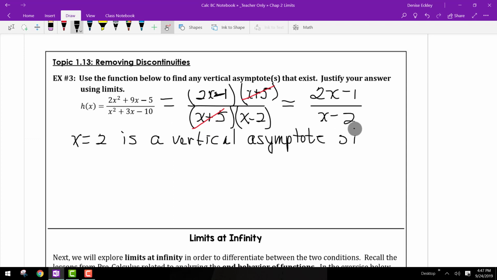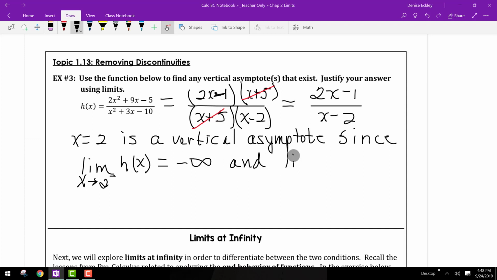since the limit as x approaches 2 from the left of h of x equals negative infinity, and you guys can check me on that, and the limit as x approaches 2 from the right of h of x equals positive infinity.